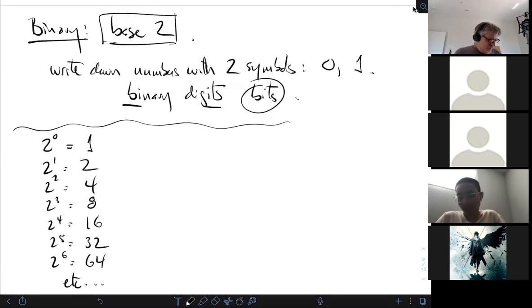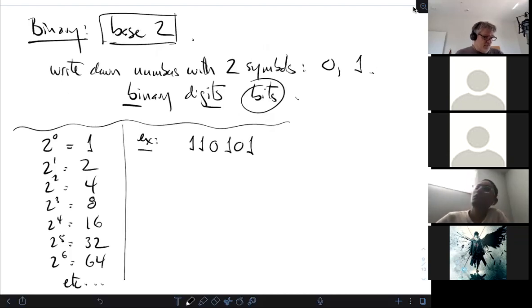So let's write down a number in binary and see what it means. It's exactly the same principle as for decimal. Suppose that I write down 110101 in binary. It means what?